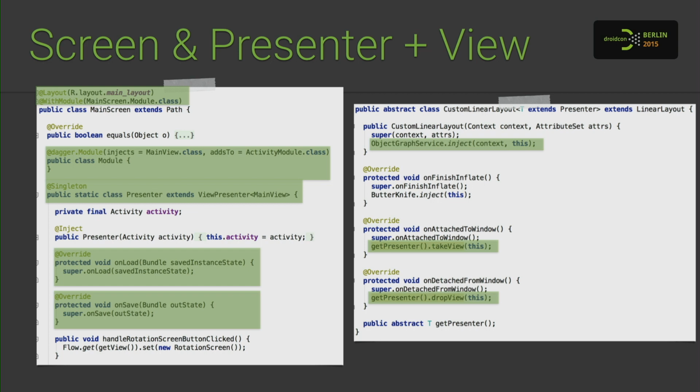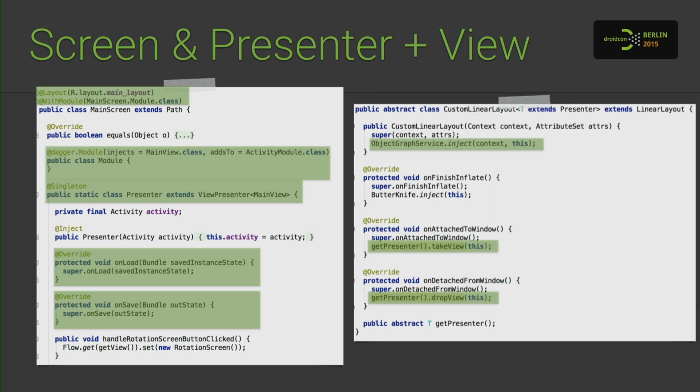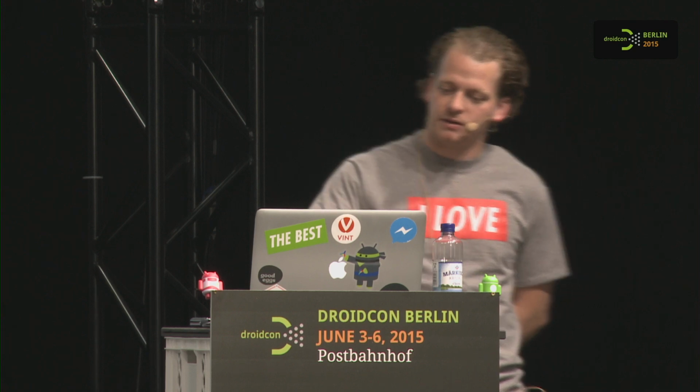In this case, it was actually the main screen presenter that gets injected into the view. And then on attached window and detached window, the presenter is again informed about the lifecycle events, so that you can either set up the screen or save anything. And since this is a lot of boilerplate code, I abstracted it, and now your regular view looks pretty clean. And here is mostly click handlers using Butter Knife.